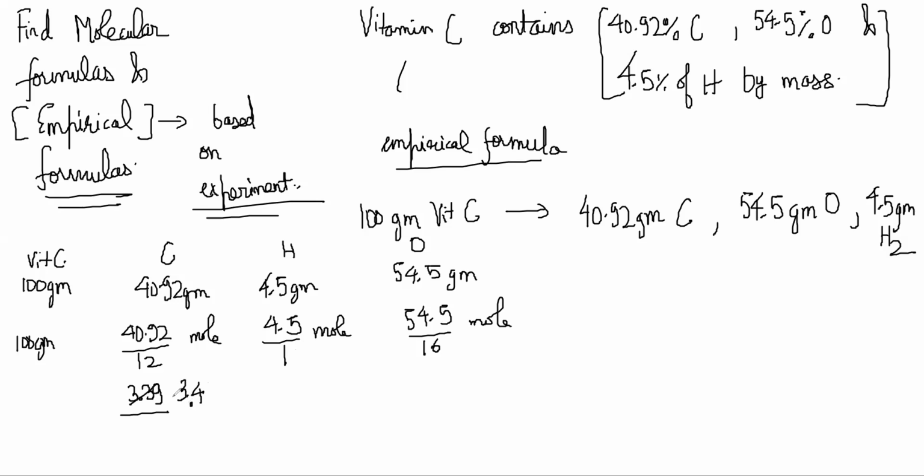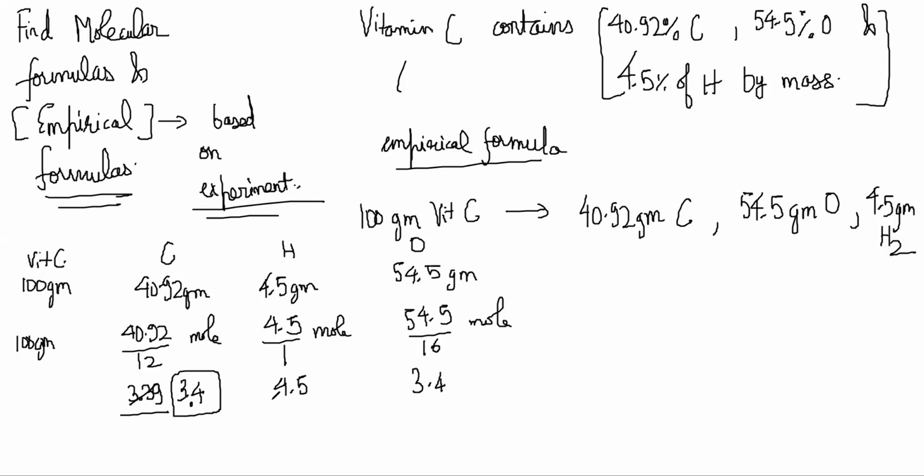3.4 into 12 is about 36, and 0.4 into 12 is 4.8, so almost close. Yeah, these are the moles, and this is 4.5 moles, and the oxygen is 54.5 divided by 16, which is about 3.4. 16 into 3 is 48, 16 into 0.4 is 6.4, so 48 plus 6 is 54.